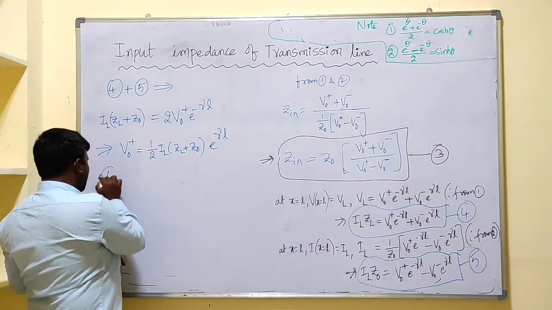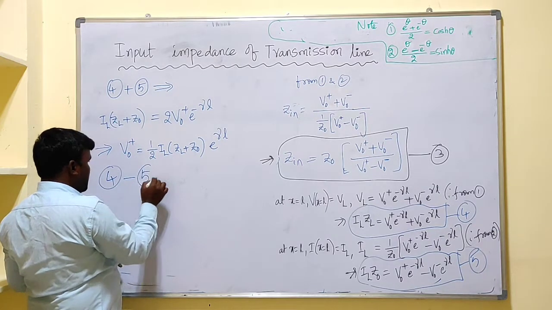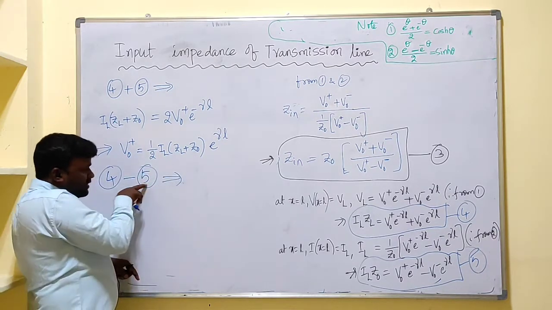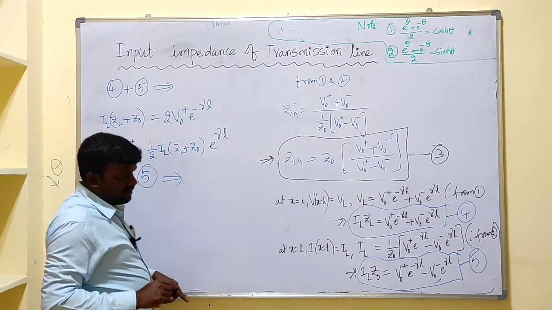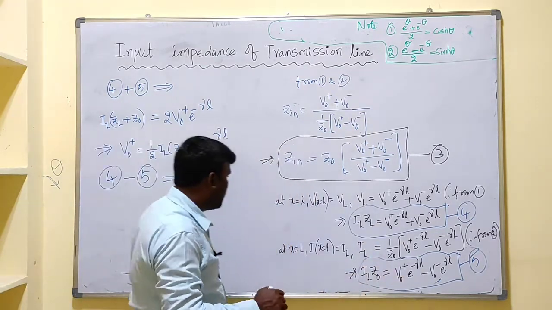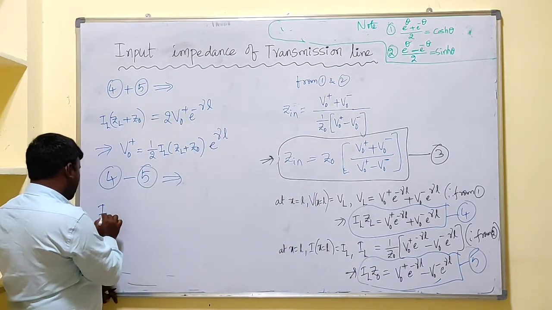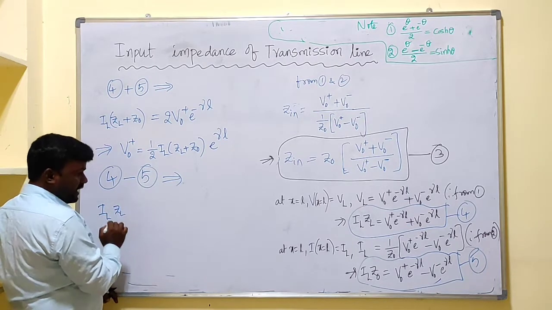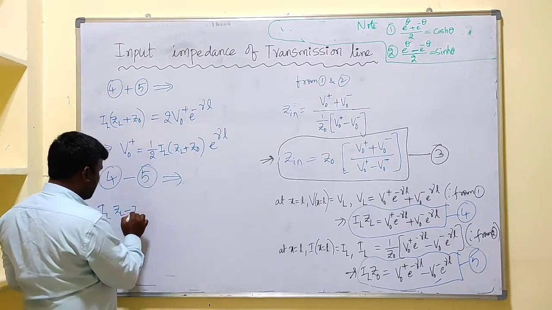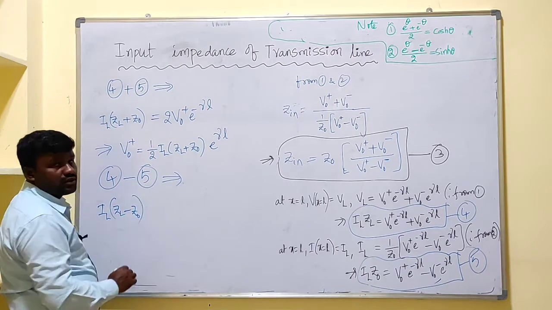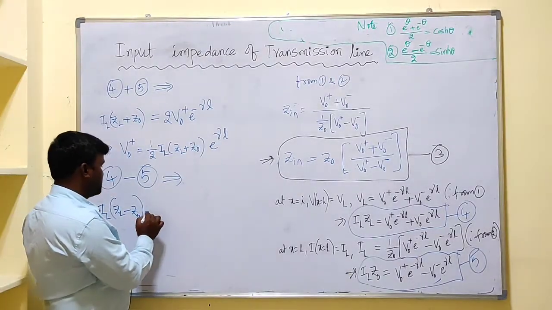Equation 4 minus equation 5: if I subtract equation 5 from equation 4, on the left hand side, for equation 4 we have IL into ZL, and for equation 5 we have Z0. ZL means load impedance, Z0 means characteristic impedance.